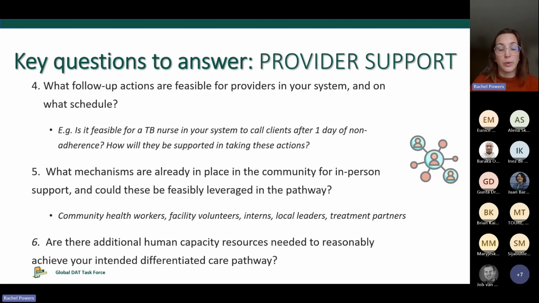But then we saw that it was not feasible to rely just on those facility staff to give that in-person support. We then engaged with the barangay healthcare workers, the community healthcare workers, oriented them on the DAT intervention, and then asked them to help with follow-up to patients that had 3 days of non-adherence for a home visit.